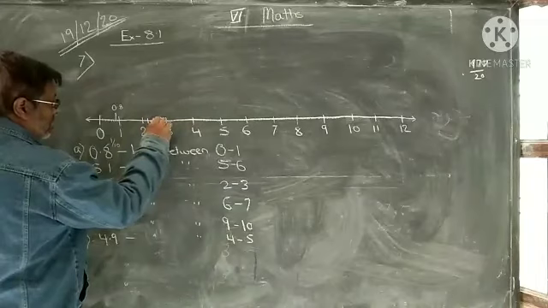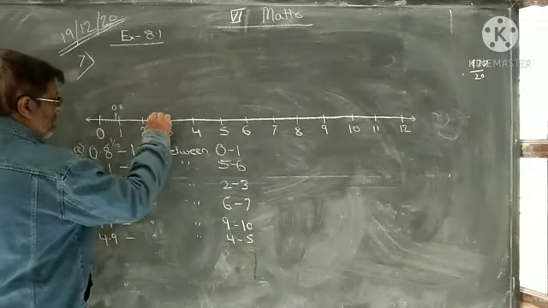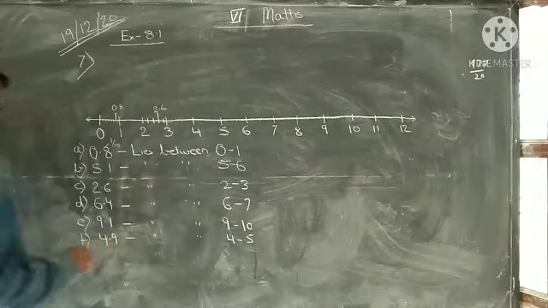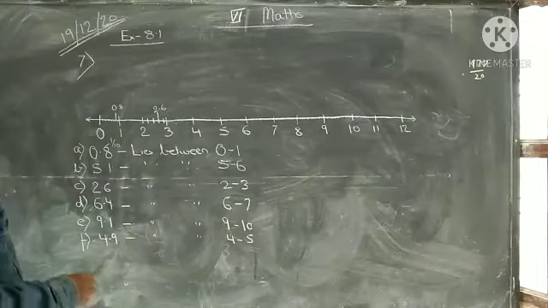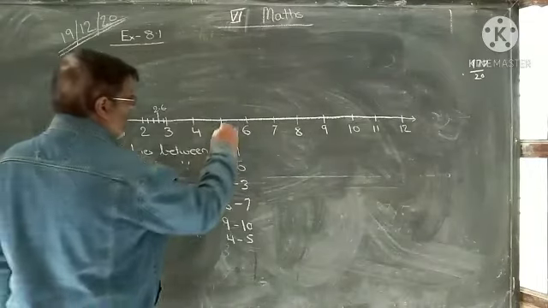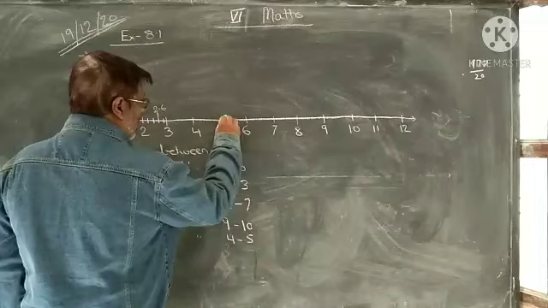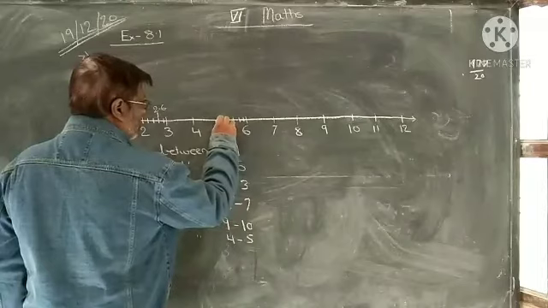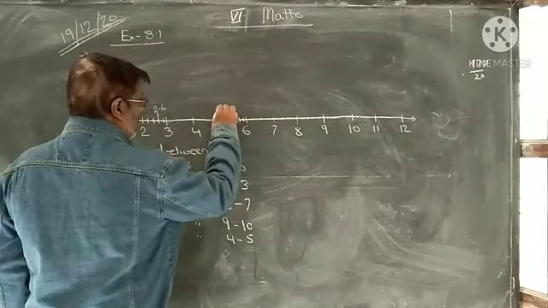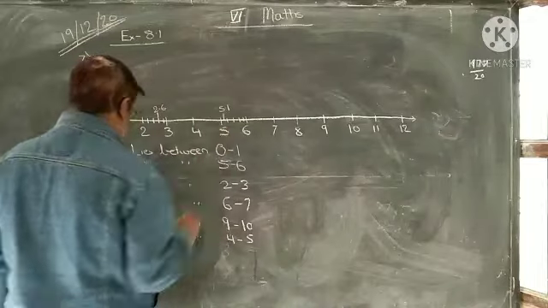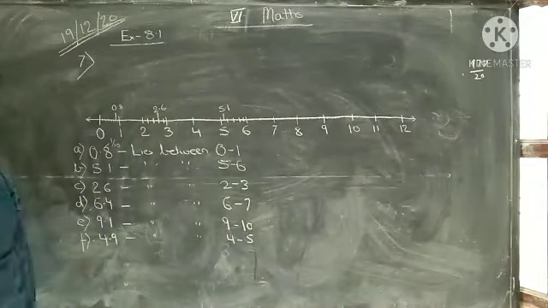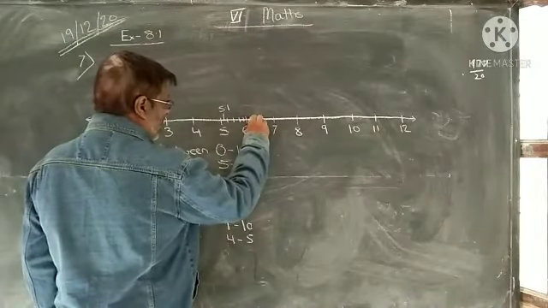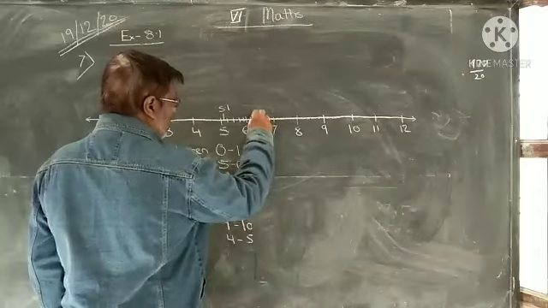Then we have 2.6, so 2, 4, 6, 8. Over here it will come as 2.6. Then we have 5.1: 2, 4, 6, 8. So 5.1 will lie somewhere over here. 6.4: 2, 3, 4.